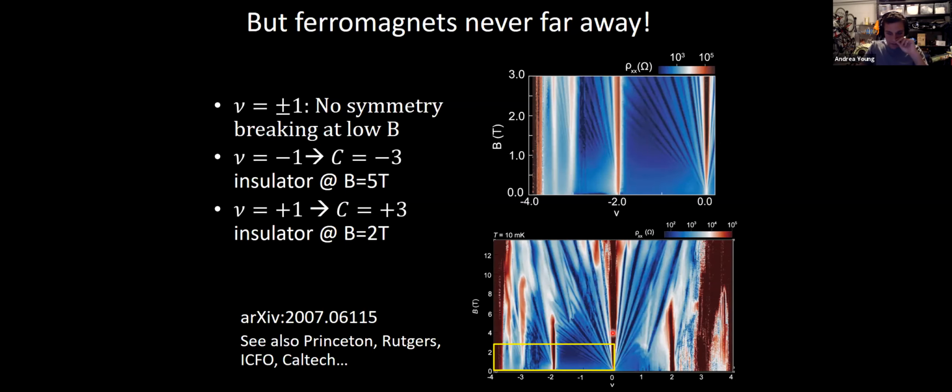At 0 magnetic field, there doesn't seem to be any symmetry breaking at nu equals minus 1, or at least not isospin symmetry breaking of the type that you associate with nu equals minus 2 or minus 3, where you have independent Landau fans that extrapolate to this new filling for each of those fillings.